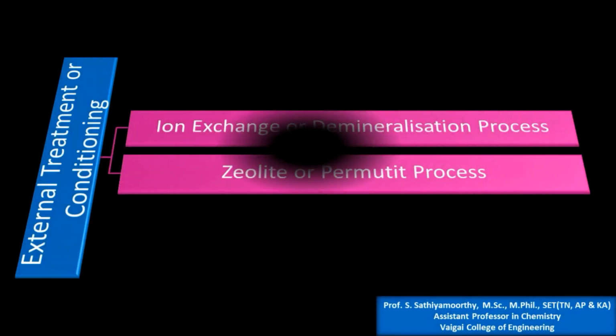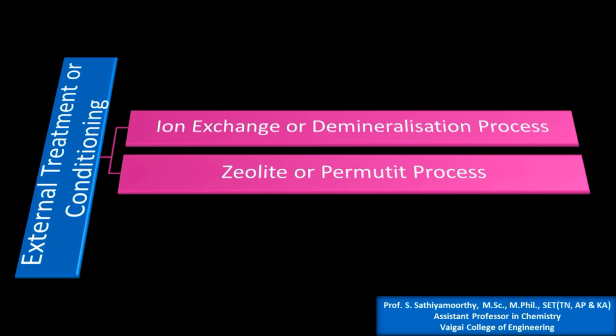So in that, we are going to see external treatment or external conditioning methods. That is treating the water outside the boiler and then taking it into the boiler for the production of steam. There are many methods available. We are going to discuss two important methods: the ion exchange or demineralization process, also known as the deionization process, and the second one, the zeolite or permutit process.